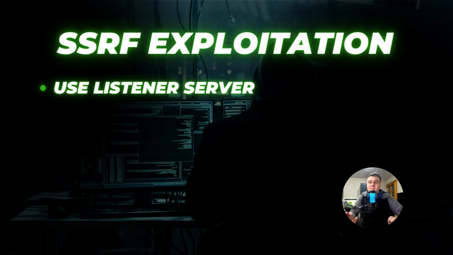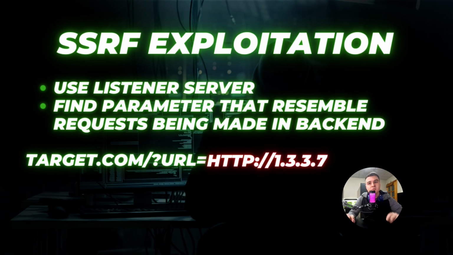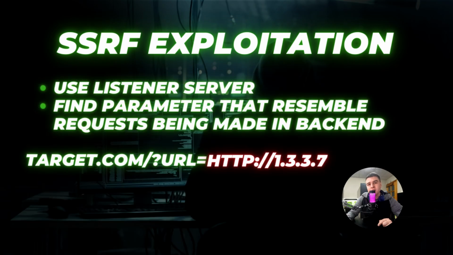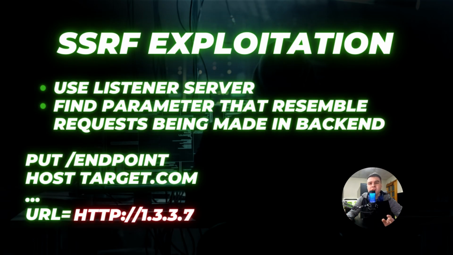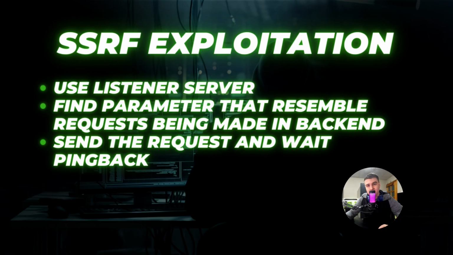Detecting SSRF is really straightforward and simple. The hardest part is the exploitation, but to detect it, just find a parameter like url equals http something, replace it with your listener server IP or URL, and see if you receive a request. It could be in a GET request, in POST data, PUT data, in many areas, but you have to expect some requests going into your server.